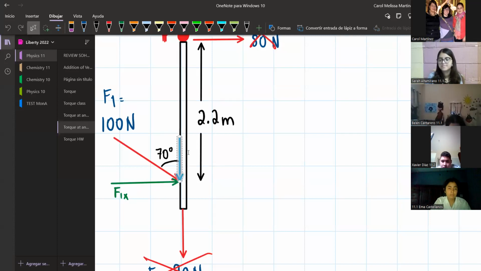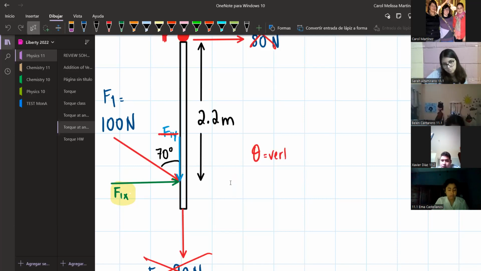So, is the y component doing torque? No, it's not. So you need to focus only on the x component. What type of angle is this? A vertical angle. So for the first one, we have a vertical angle.